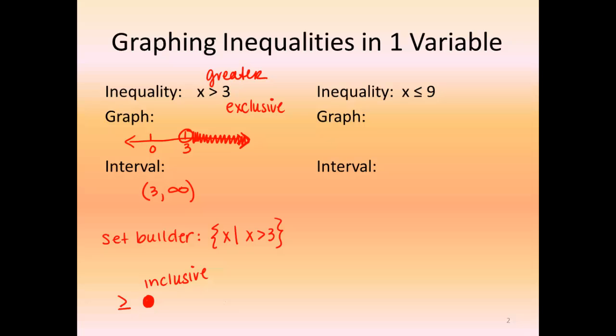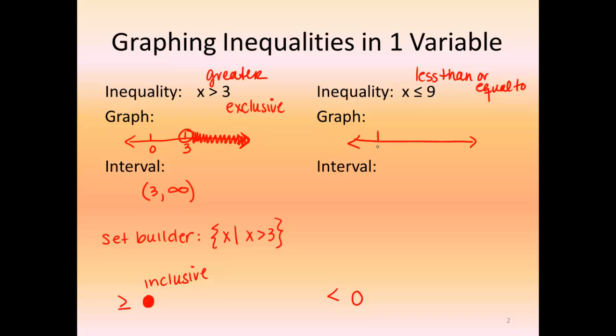All right, let's try the next one where we have x is less than or equal to 9. If this was just a less than symbol, we would have had an open circle, similar to our greater than symbol on our first example. So this is inclusive to the number 9.